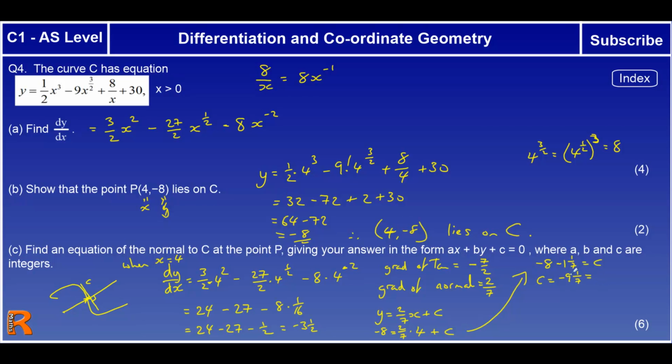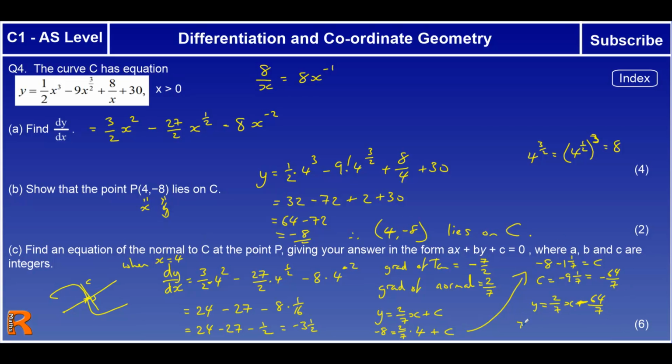Ideally we want to get rid of the 7s, so let's change that to a top heavy fraction, so that's 64 over 7. So we've got y equals 2 over 7 x plus minus 64 over 7, and we need it in the form where these are constants, so integers, so we need to get rid of the 7s.